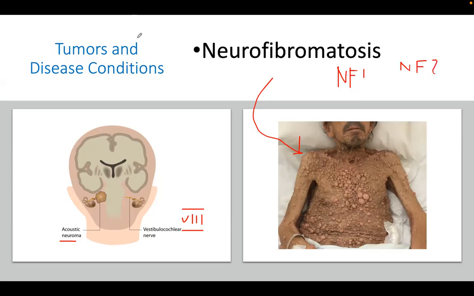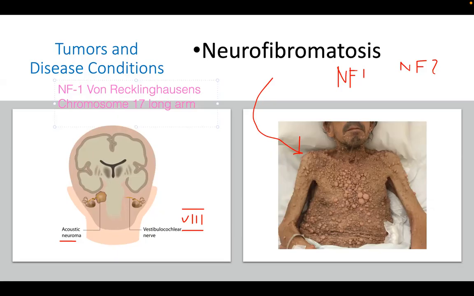Now, I'd like to share a very important memory tip with you. NF1 is known as von Recklinghausen's disease. Now, if you spell von Recklinghausen's, there are 17 letters. So this affects chromosome 17, especially the long arm of chromosome 17.